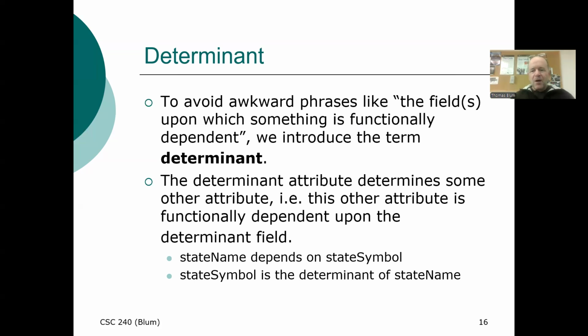Okay. And so if we were previously saying that the state name is functionally dependent on the state symbol, we can turn it around and say the state symbol is determinant of the state name.